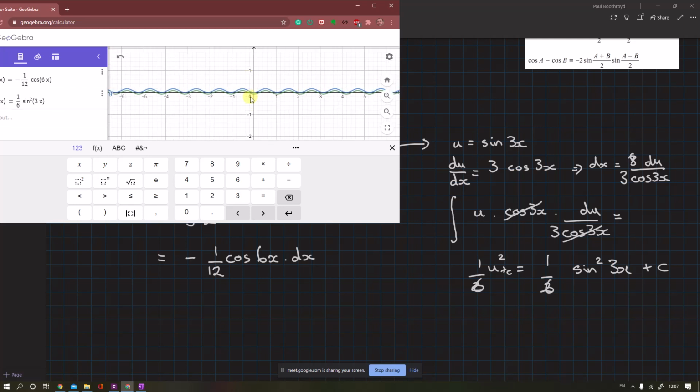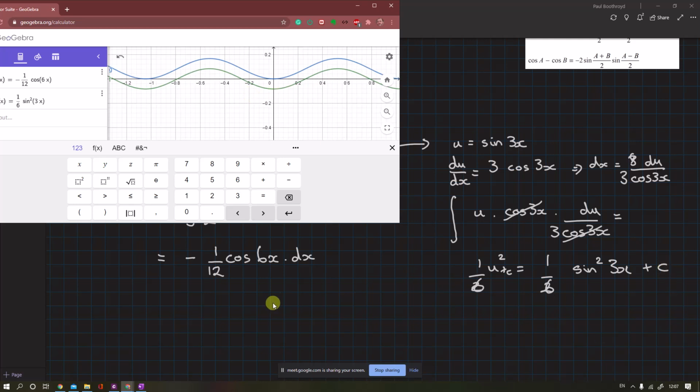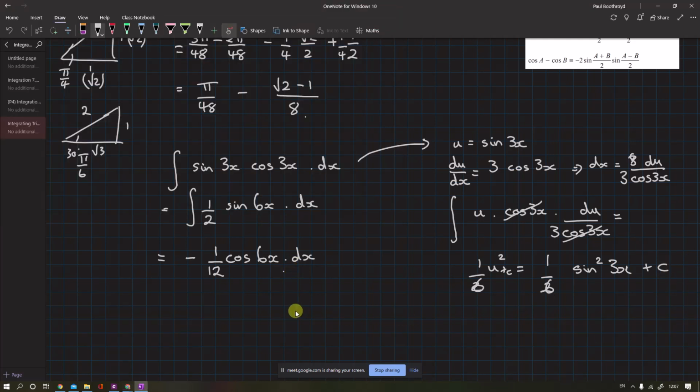You see the two graphs are actually the same size, they're in phase, and the only difference is the constant on the end of the integration. I messed up that dx there, that's a different constant. These two constants are different, but the curves are exactly the same. Now, if you're asked to do anything extra to these, they're more likely to have said, show that this can be written in this form.